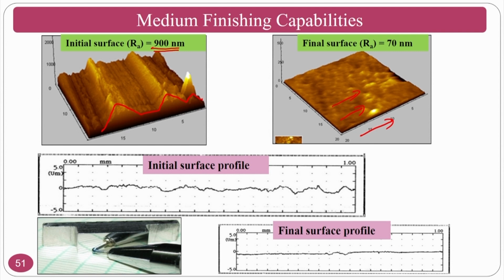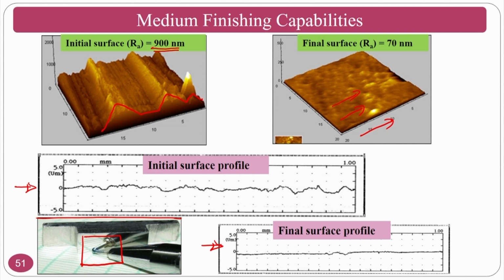However, you can see for the long lengthy workpieces, you can also see the initial surface and final surface, and you can even see the mirror image of the pen tip, clearly showing on the finished surface.